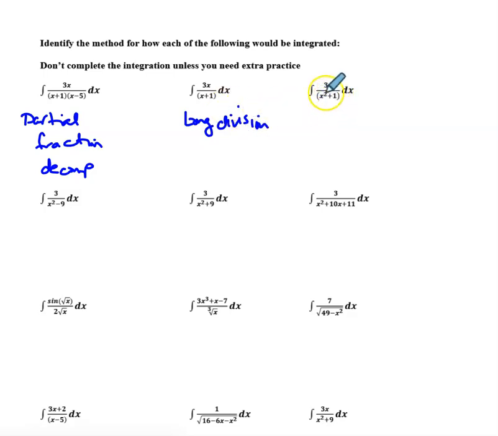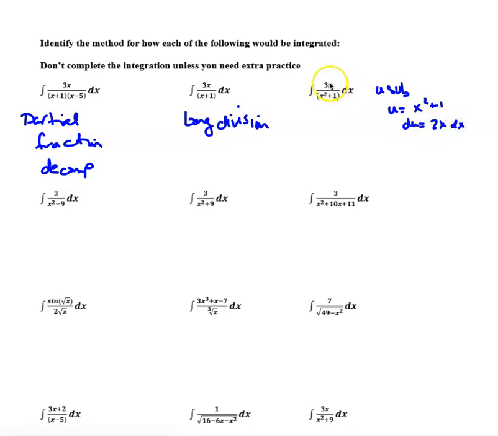This next one has an x squared plus 1 in the denominator, which leads me to believe it's possibly arctan. However, with the derivative of an x up here, I actually realize this is going to be u substitution with the u value of x squared plus 1, du of 2x dx.